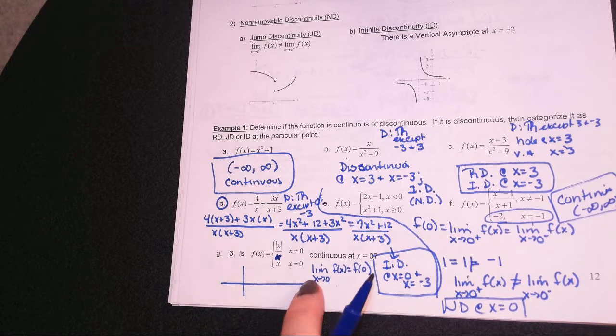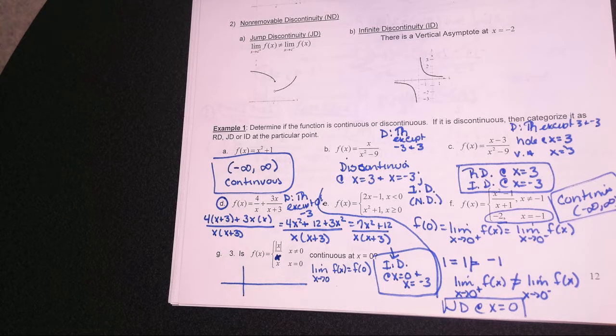Well, let's first look at the limit as x approaches 0. So again, I'm just going to take a look at the picture. We're going to look to the left and on the right. So let me start plugging in numbers to the right. What happens when I plug in 1 for x? What is the absolute value of 1 divided by what? 1. What if I plug in 2? What's the absolute value of 2 divided by 2?